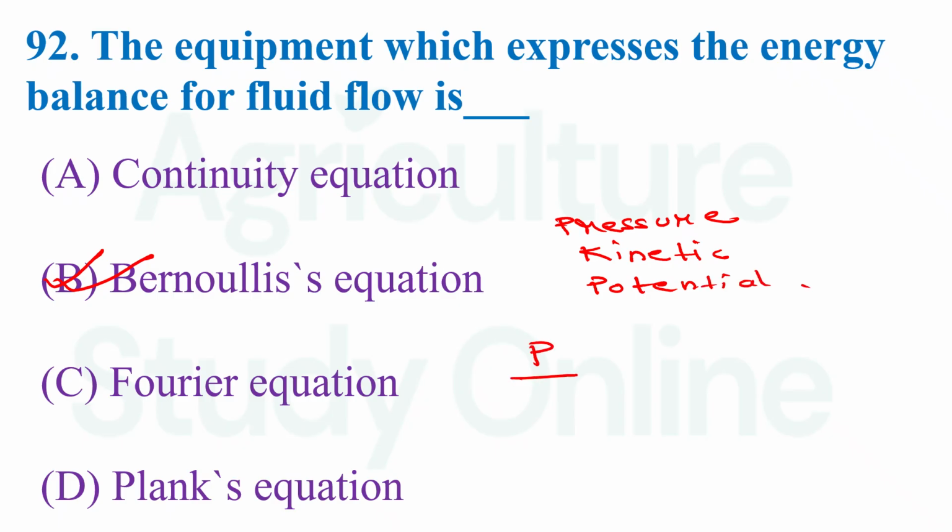So it is P by rho g plus v square by 2g plus z, and this is constant.